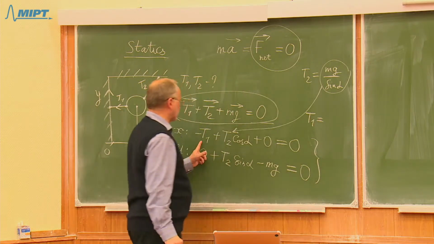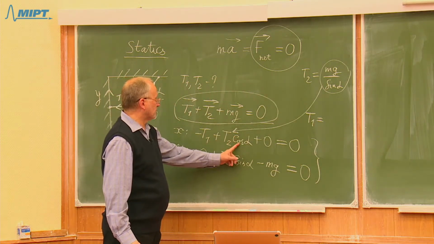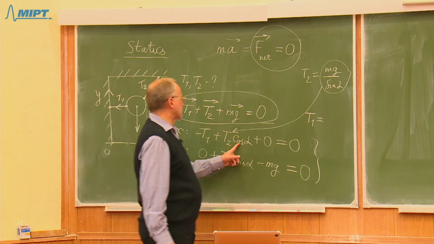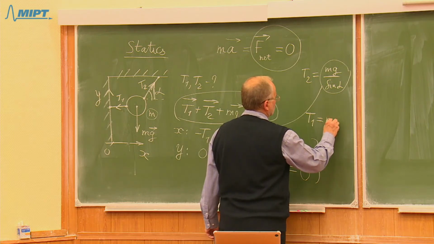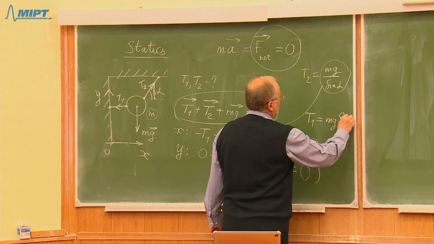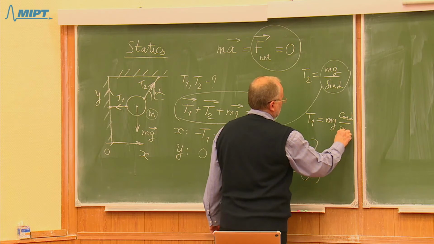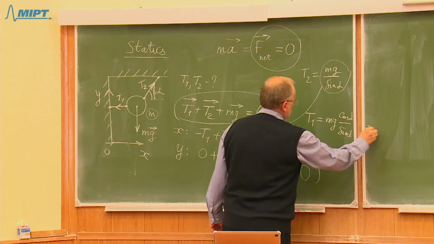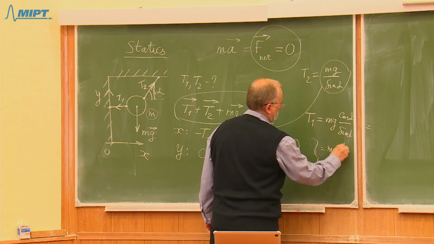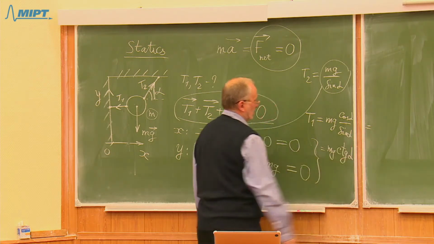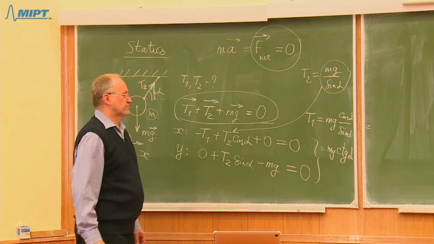T1 will be found as T2 times cosine alpha. So I must multiply this expression by cosine. And that will give me mg cosine alpha divided by sine alpha. And that will be equal to mg cotangent alpha.